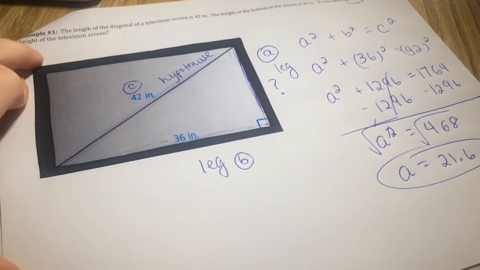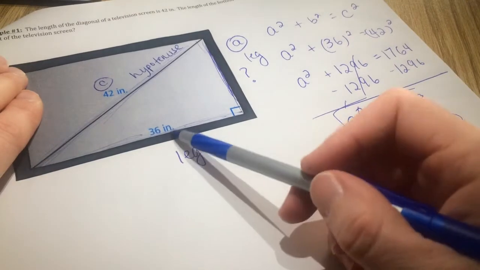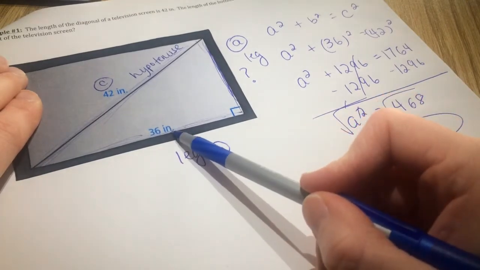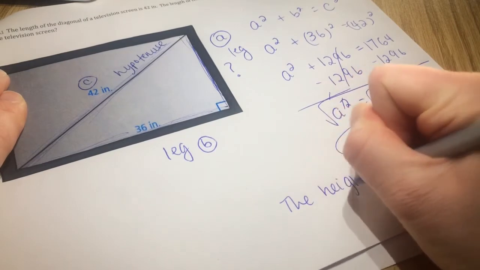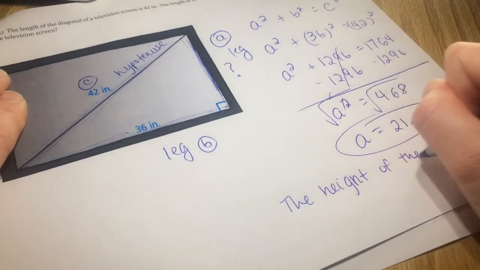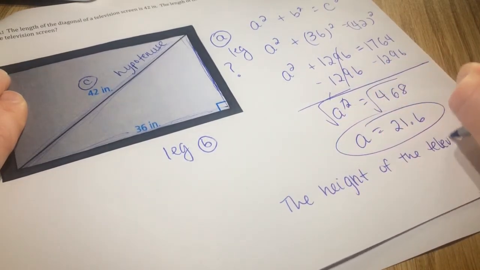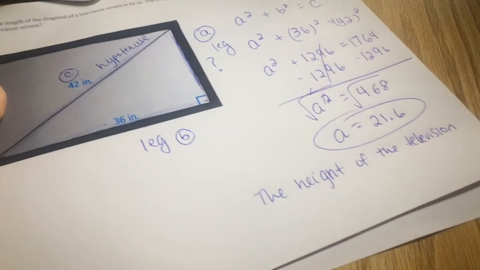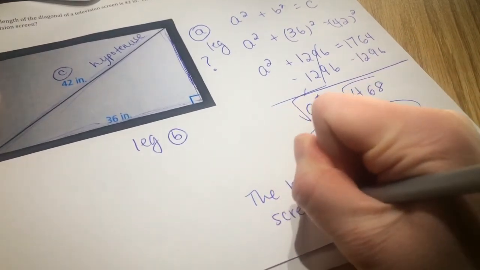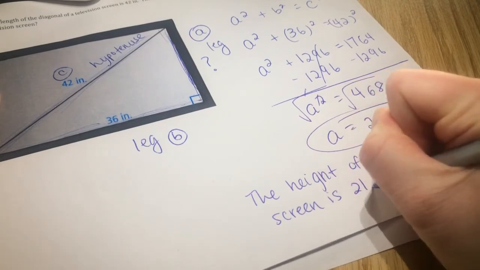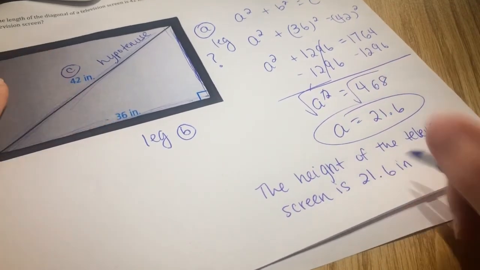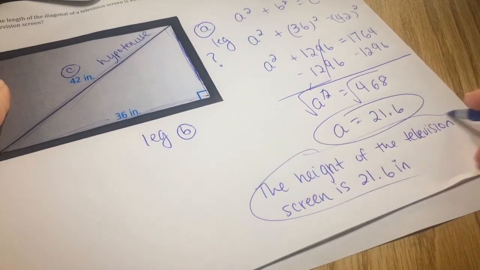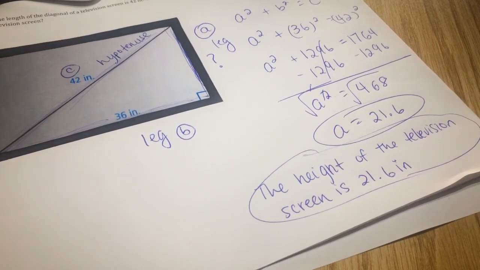Our units are inches. So the answer is the height of the television screen is 21.6 inches. Remember, we have to look at our units. We're talking about inches here.